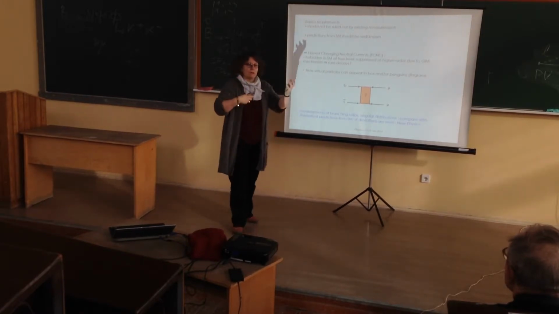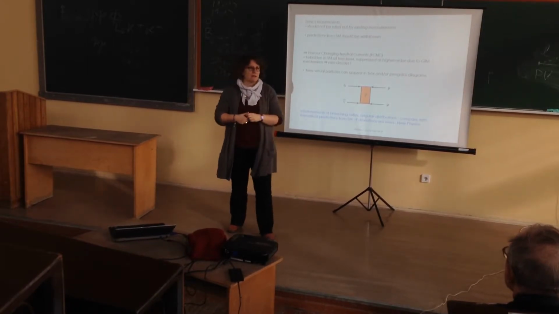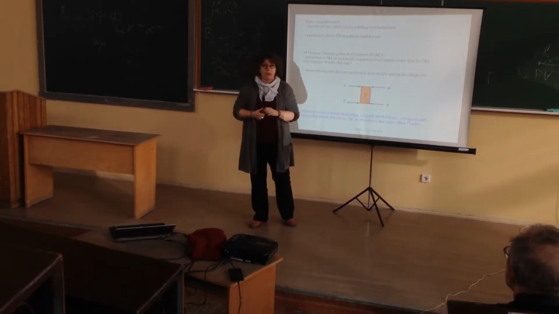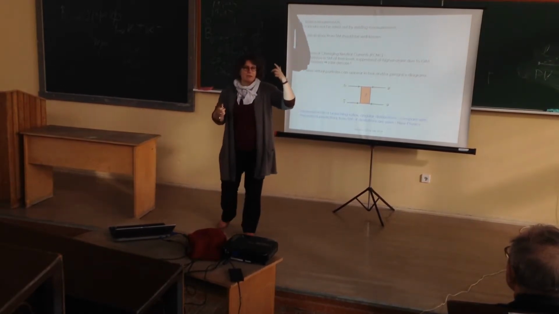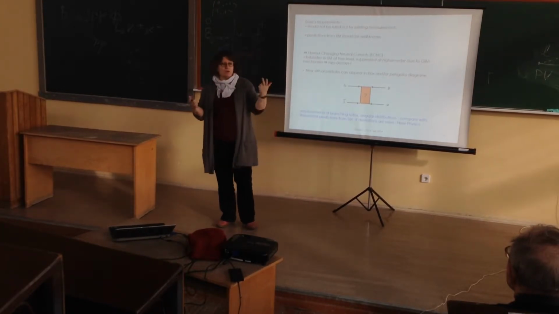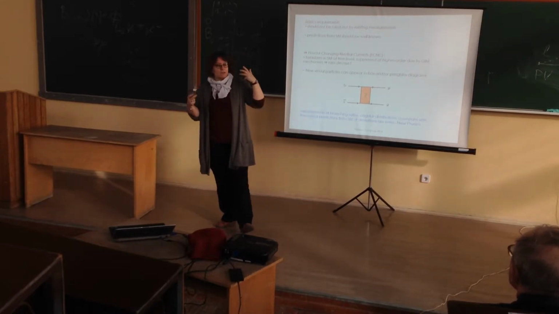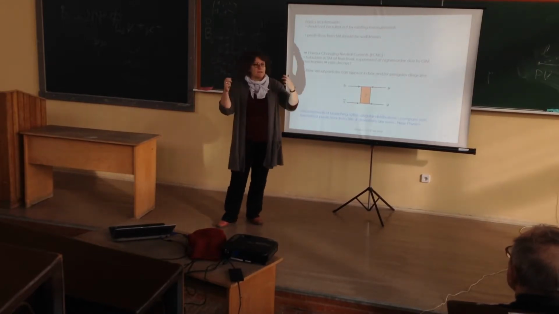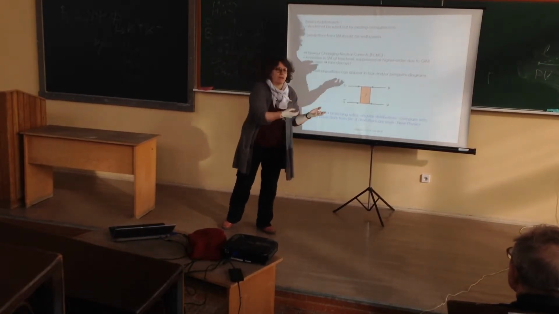People were wondering whether it was normal or not. Then these three guys, Glashow, Iliopoulos and Maiani, said, okay, at that time only the U, the D, and the S quark were known. If I introduce a C quark, I have some kind of symmetry which completely suppresses this decay, which was very, very rare.